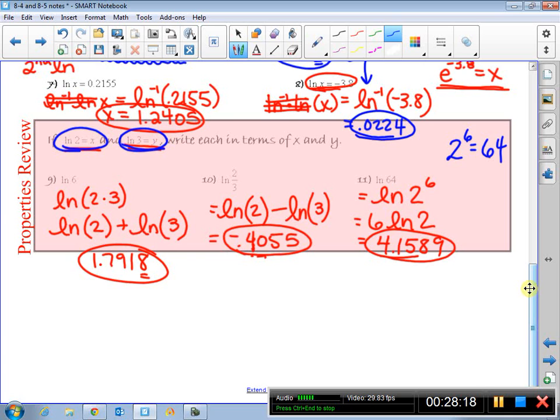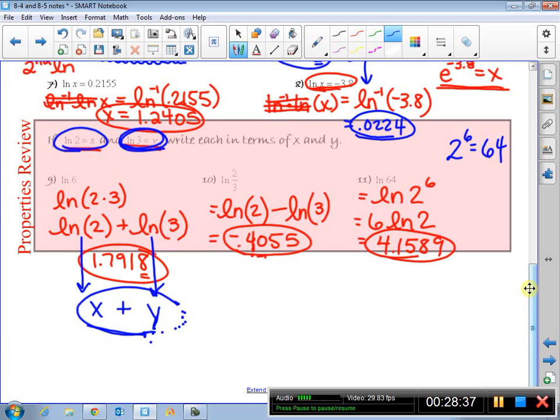So actually, this is a great exercise. ln of 2 is x, so I'm going to make that x. ln of 3 is y, so I'm going to make that y. This is the answer that I was expecting, and I got carried away.